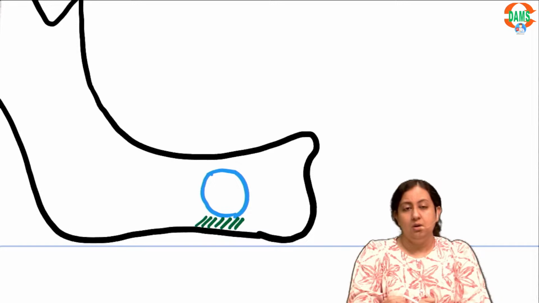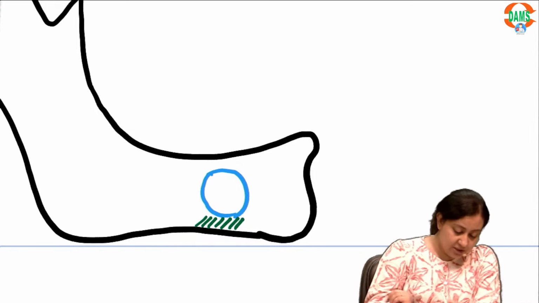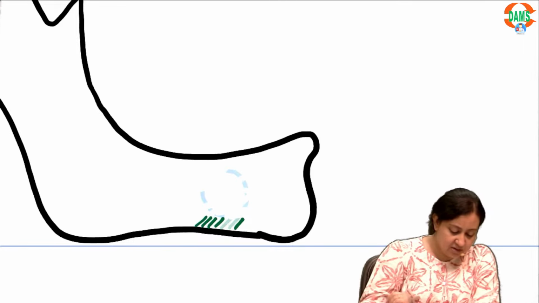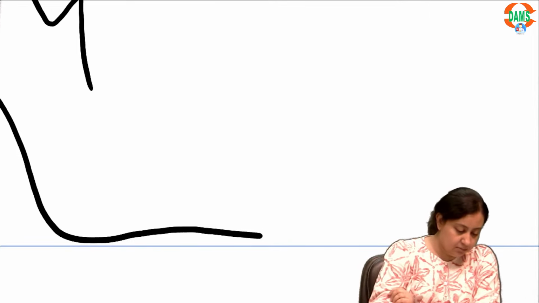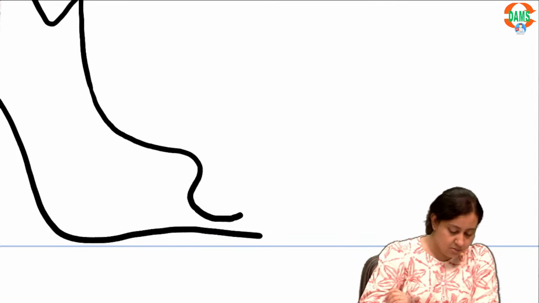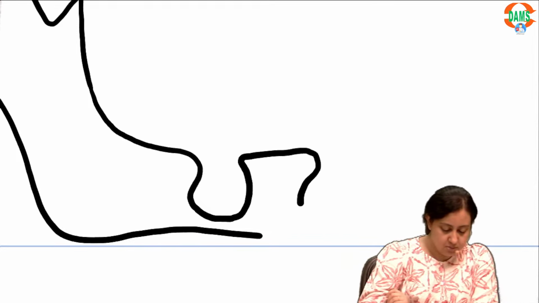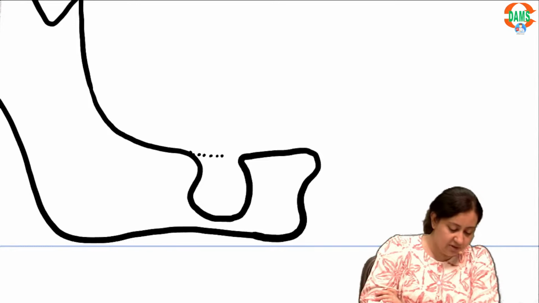After removal of the pathology, for example, you did the enucleation and you have covered this with a flap.